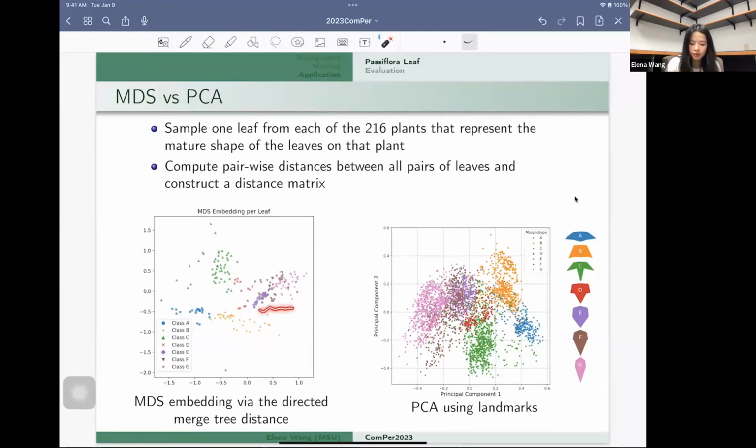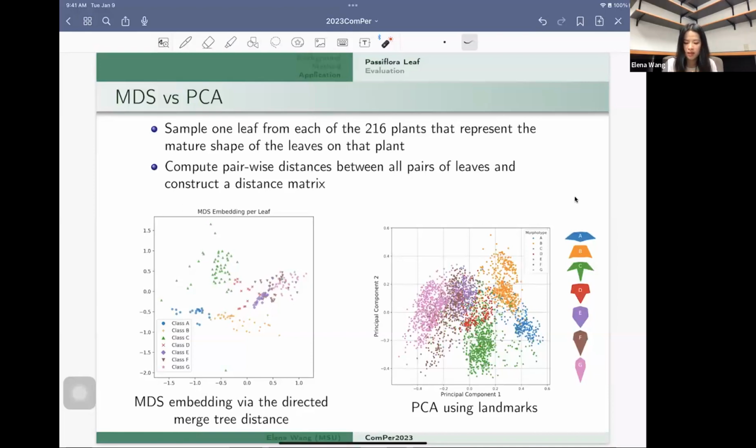On the right here, we see there's some more overlapping between the morpho classes E, F, and G. But these morpho classes are really quite similar to start with, so it was very difficult for our distance to pick that out, just because of their inherent similarities. On the right side, what we're comparing against is the PCA analysis that the original authors of the dataset did, in which they used the 15 landmarks as a 30-dimensional vector.